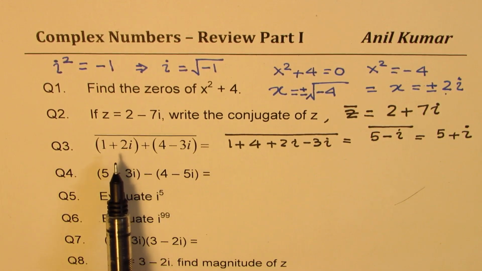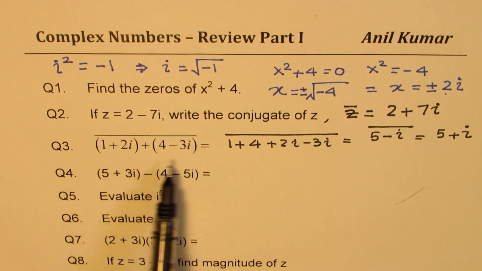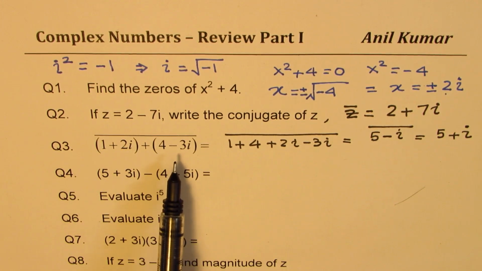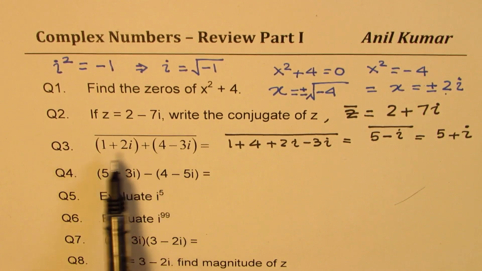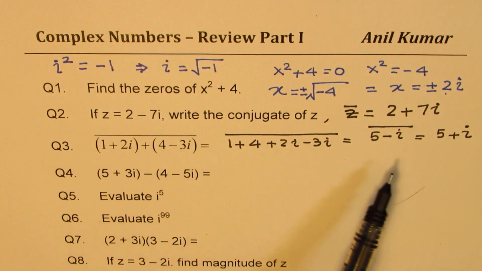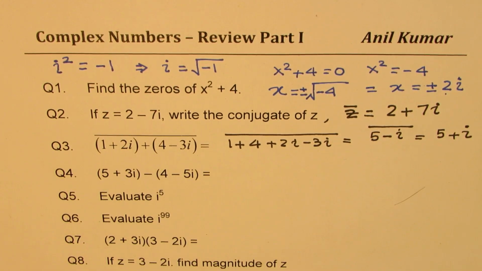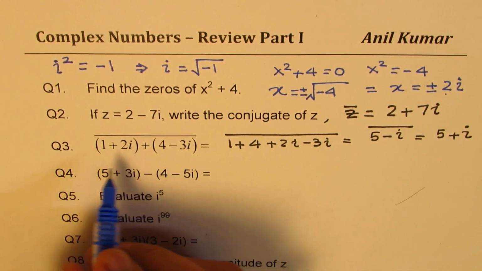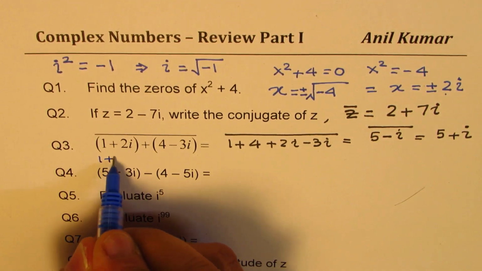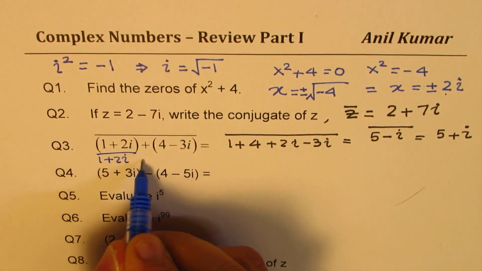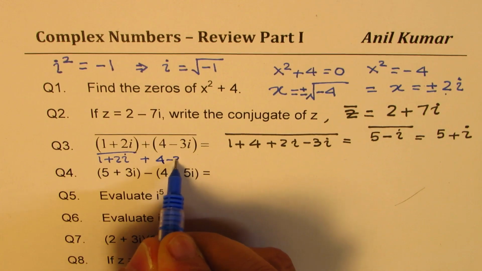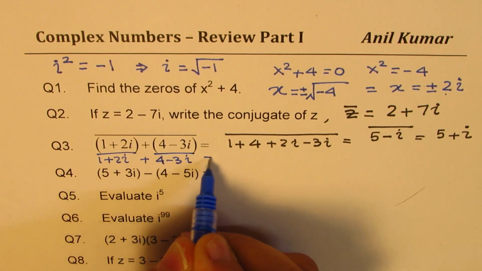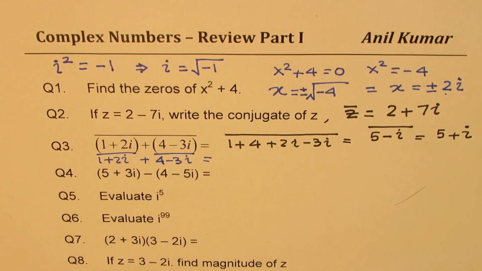Now remember, the conjugate of the sum of two complex numbers is also equal to the sum of their conjugates, right? So you could also do it alternatively, that is to say, we could also write this as conjugate of 1 plus 2i plus conjugate of 4 minus 3i. Let me show you this rule, right?